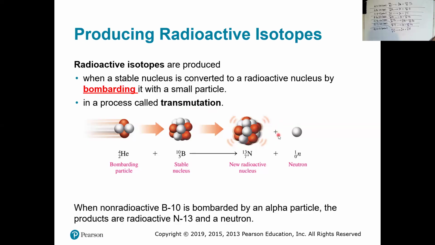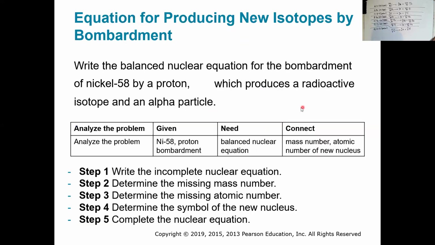Another result of a bombardment process is frequently neutrons, other types of particles. We can write the process of bombardment as a nuclear equation the exact same way that we have just done for the other nuclear equations that we have looked at. You're just going to look at what's being described in the specific process that you're working with.